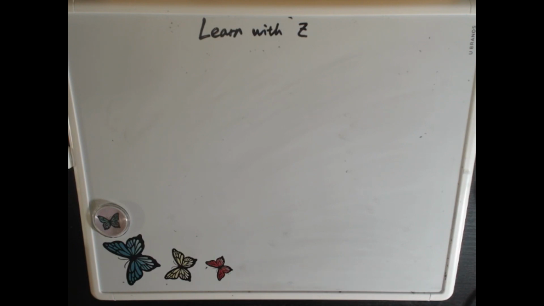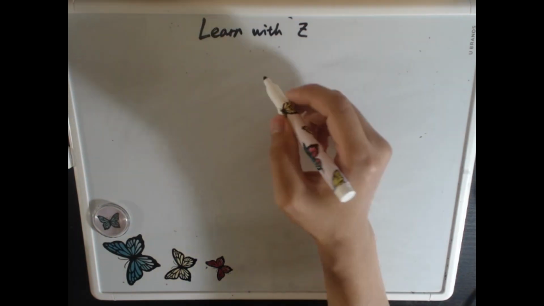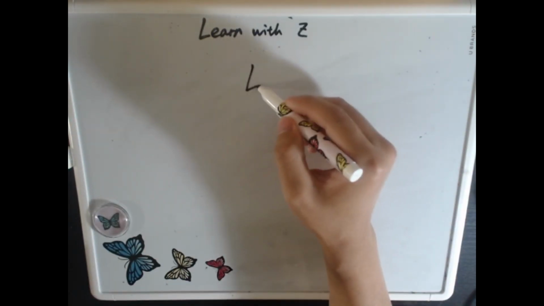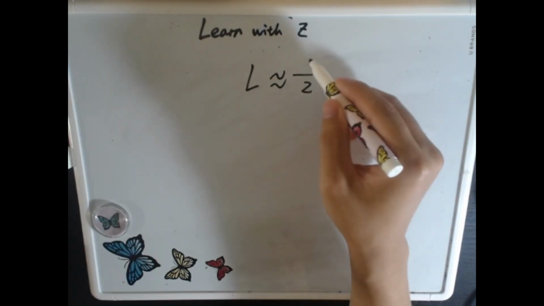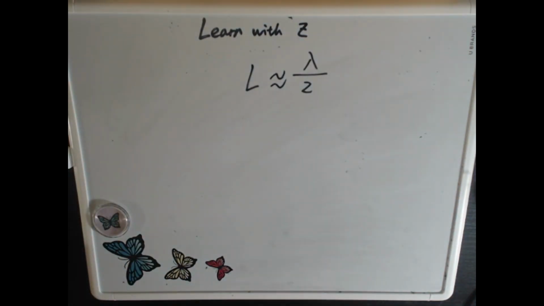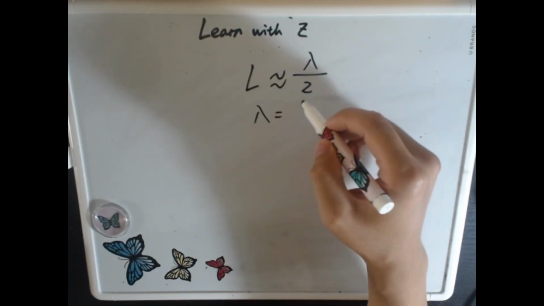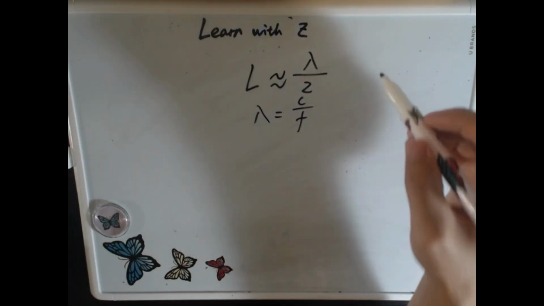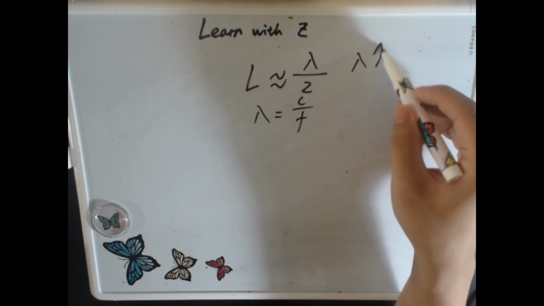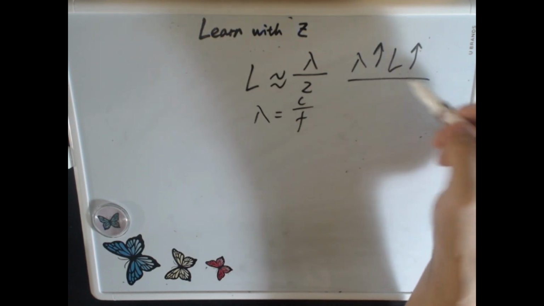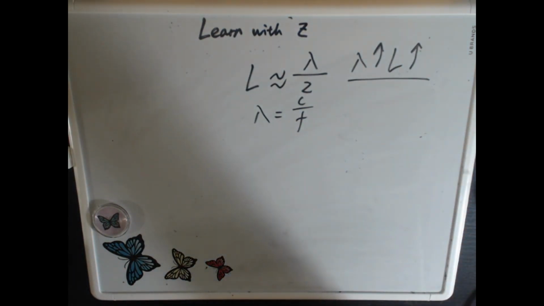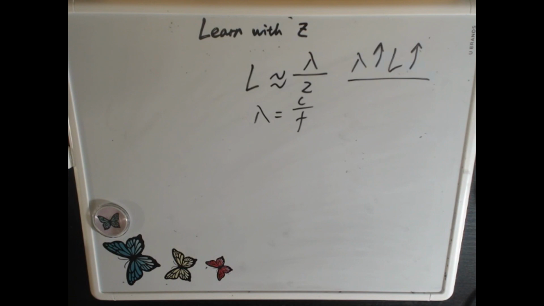So we all know there is a relationship between wavelengths and frequency. When the wavelength goes up, the antenna size will tend to go up. They have a positive relation.